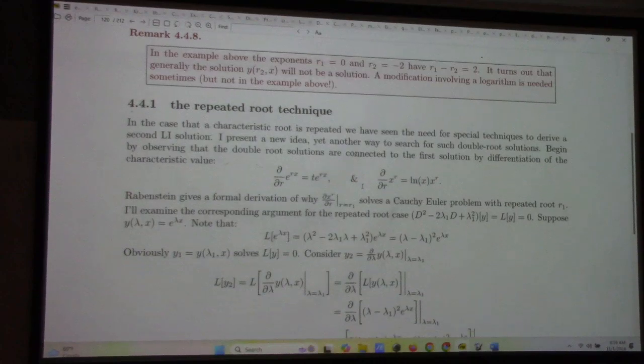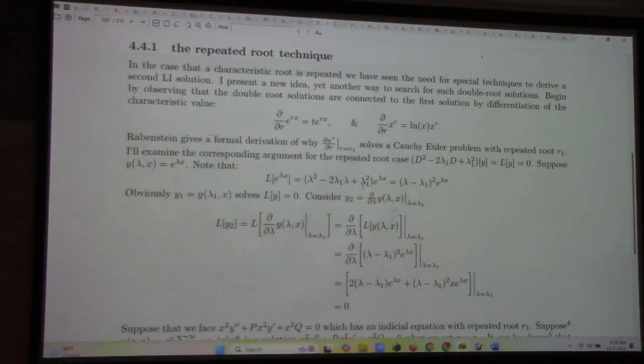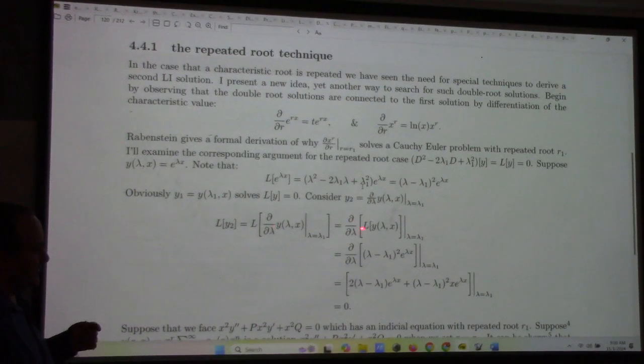but here is a derivation of why the repeated root technique I did today works. If you have a differential equation which depends on a parameter, in this case lambda, and you take the solution that works for lambda and partially differentiate with respect to lambda, and you commute the order of differentiation and the linear operator, then you can prove that you get 0.